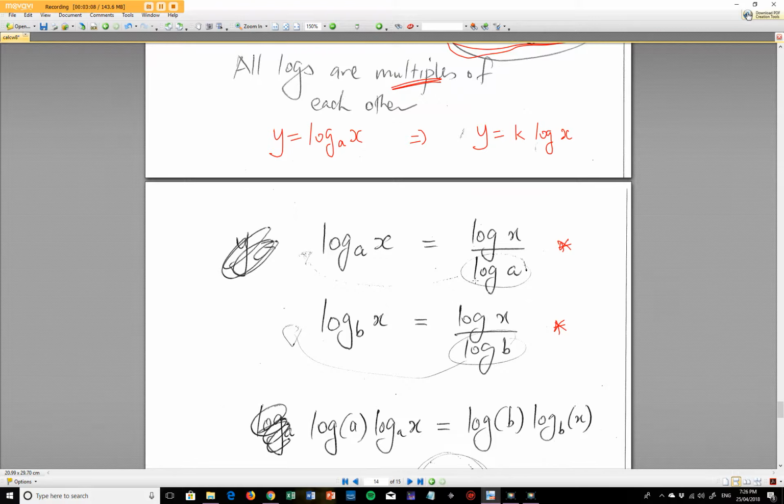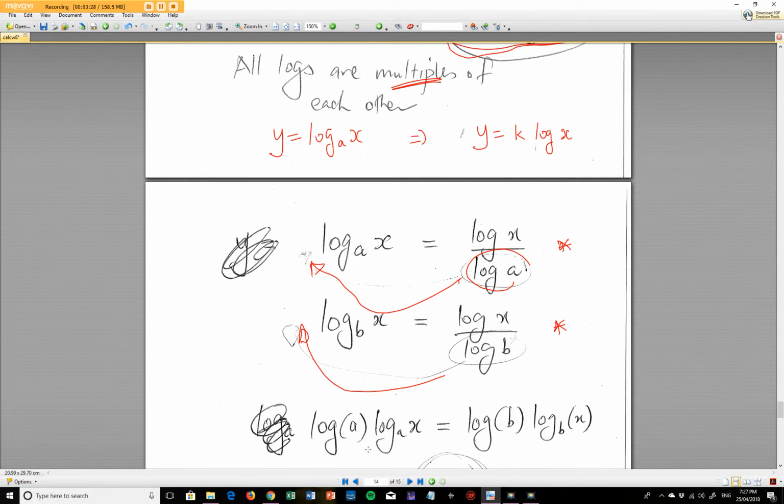What do we know? If I was to take log a over to the other side and take log b over to the other side, what I'd end up with is log x. So basically, taking log b, we get log x. Taking log a over here, we get log x.